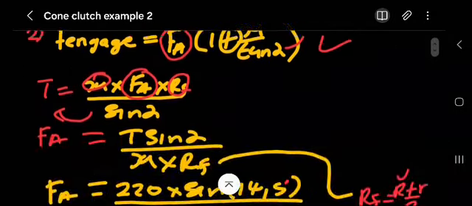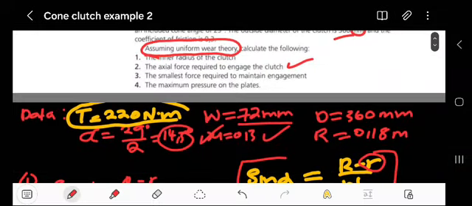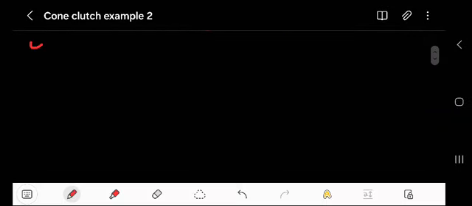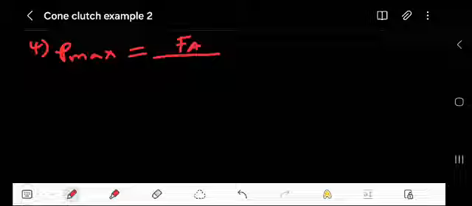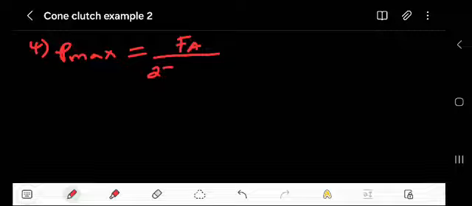So number 4, the maximum pressure on the plate. Hopefully you remember your stuff. That P max, also P min, is one and the same thing, but will differ with r. Remember, this will be F axial over 2 pi r into R minus r.